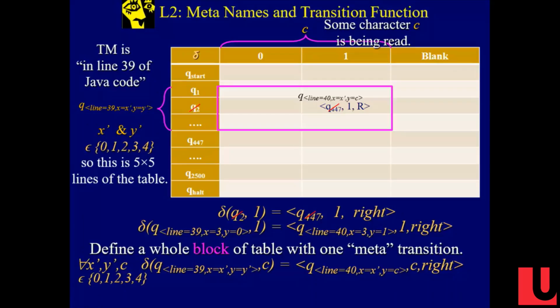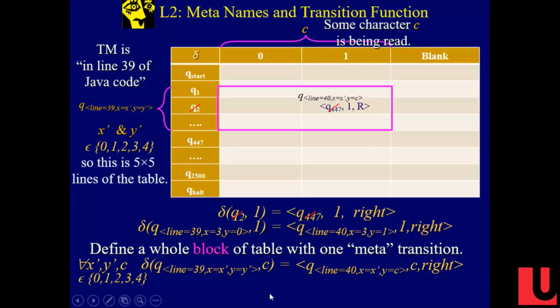We're just names. If we were in a state where the code was X equals X prime, then the new state will also say X equals X prime. If this was X equals 3, this will be X equals 3. If this is X equals 4, this will be X equals 4. We're just filling in this table.